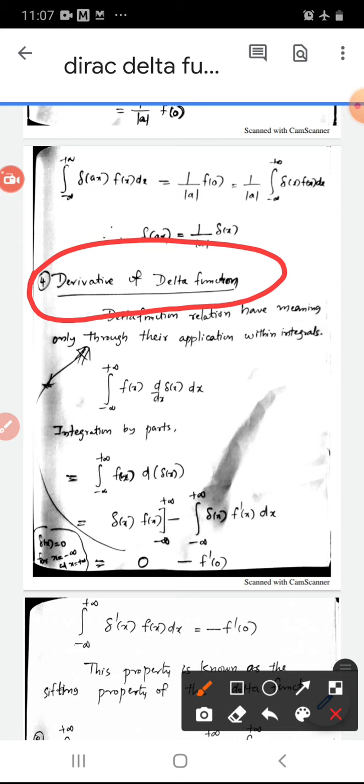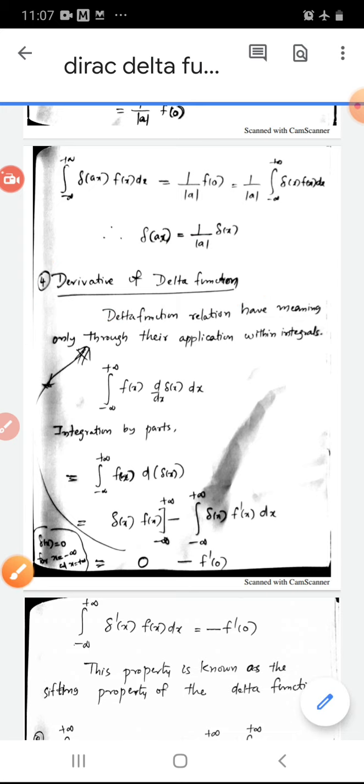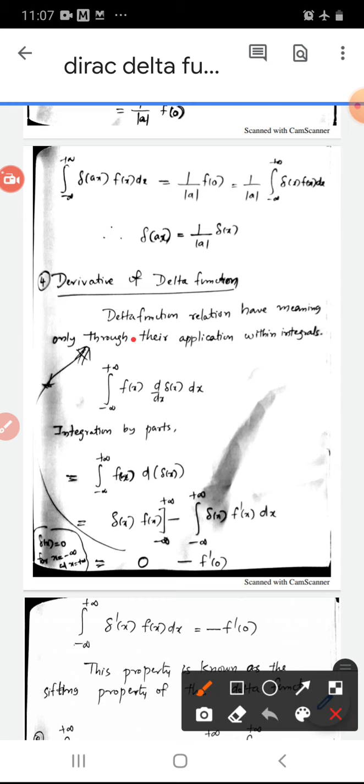Okay, the derivative of the delta function, and the derivative of the delta function or the delta function relation have only meaning through their application within the integrals.